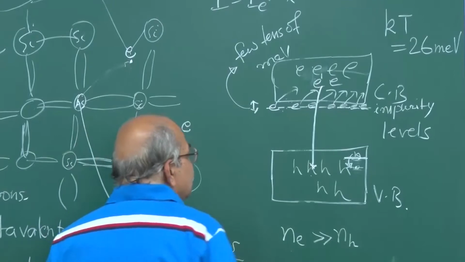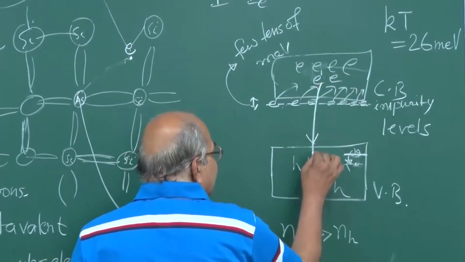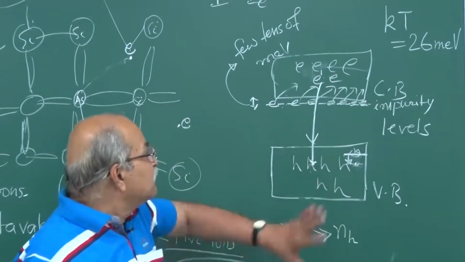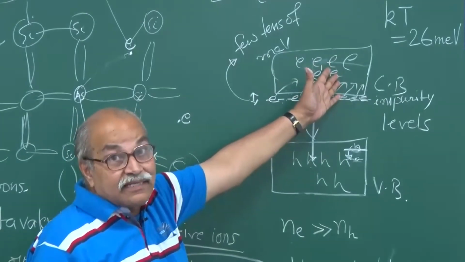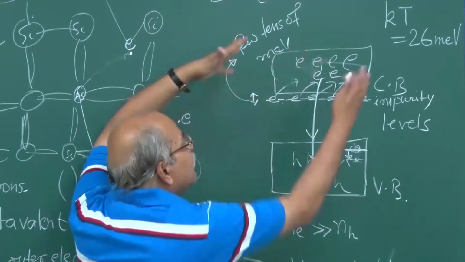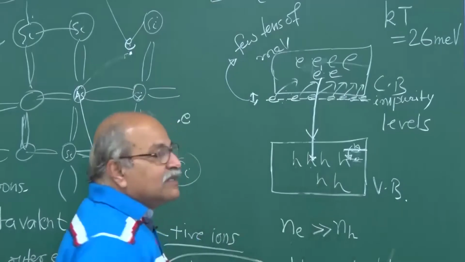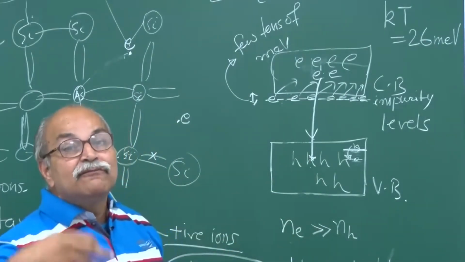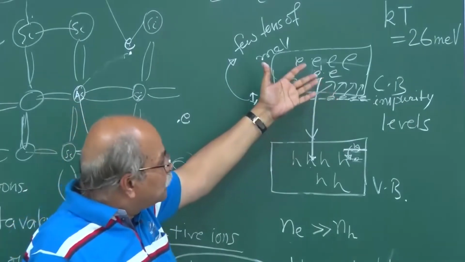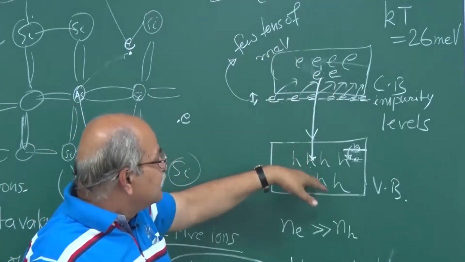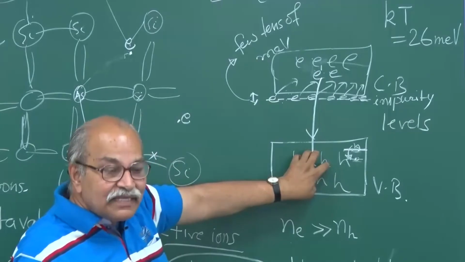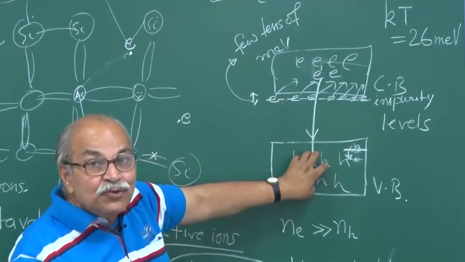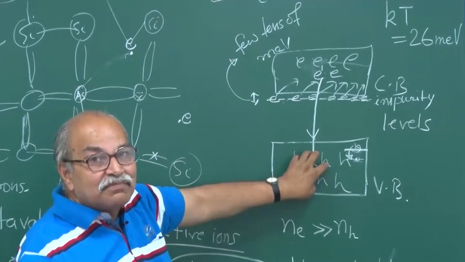So the probability that some electron will come here and fill this hole, this probability will increase largely, right? You have so many electrons coming and sitting here, this probability will be increased many fold. So through these recombinations, the number of holes will decrease and a new equilibrium will be set up.